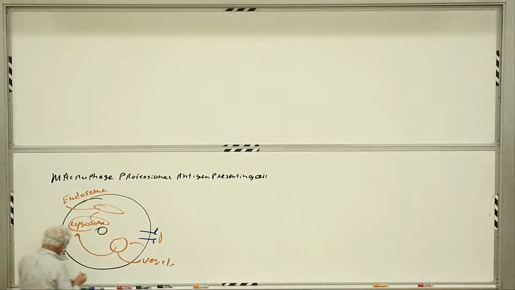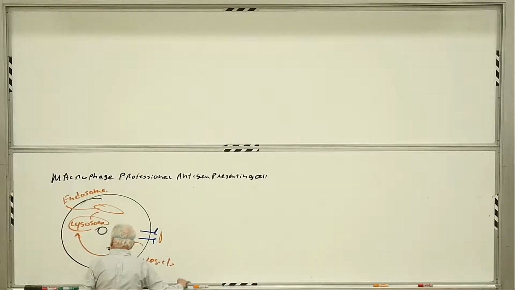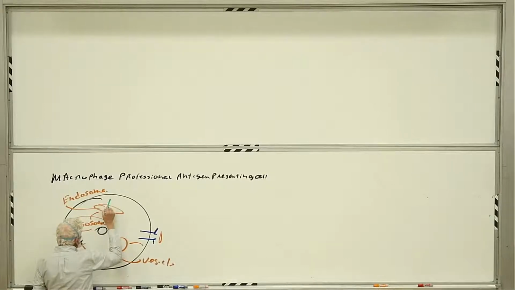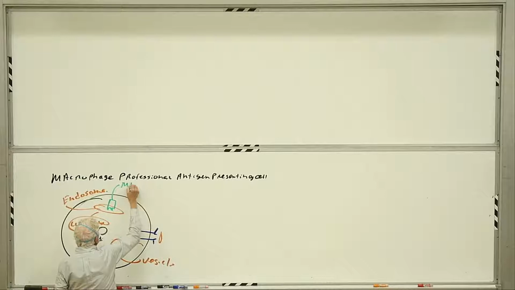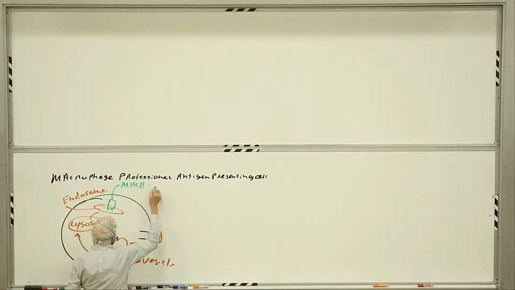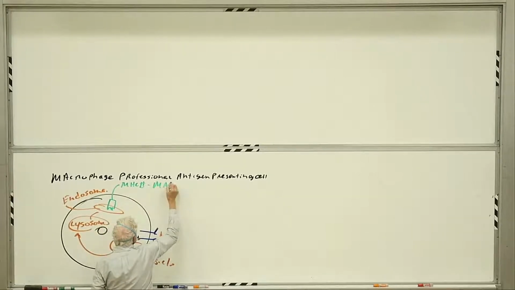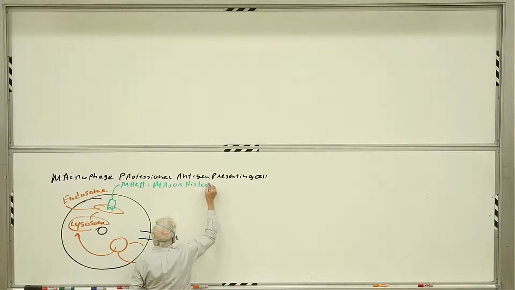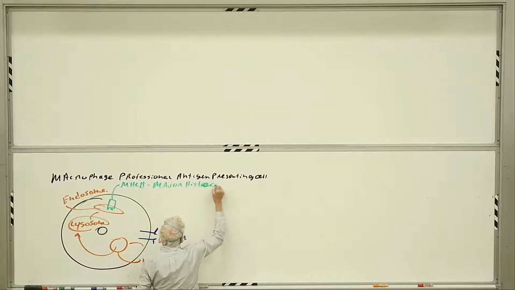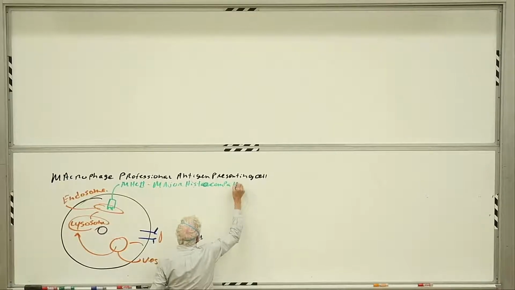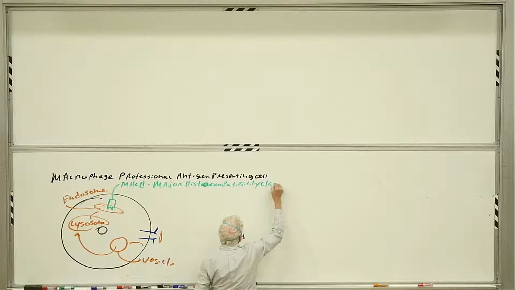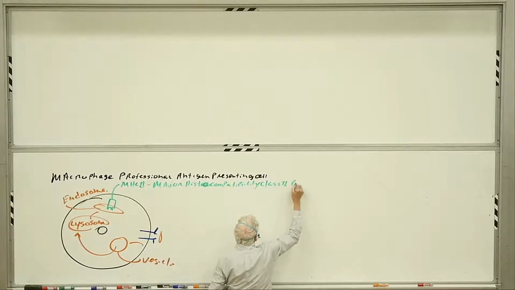And then, out here, in the lysosome, there was this special protein called MHC2, major histocompatibility class 2 protein.